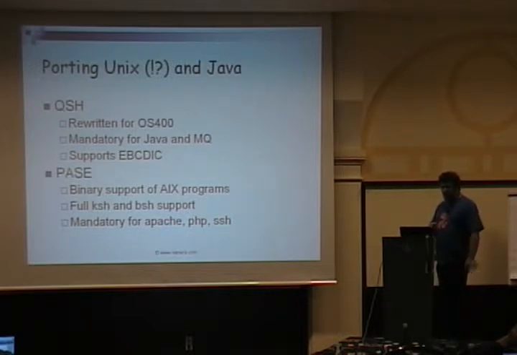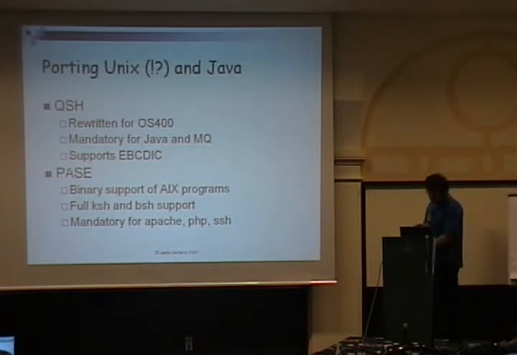Well, we have two different Unix environments. One is called the Q shell. The Q shell was rewritten specifically for OS400, for the operating system. It supports IPsec. It's mandatory if you want to run any Java or any MQ, WebSphere MQ, which is a successful message brokering software.